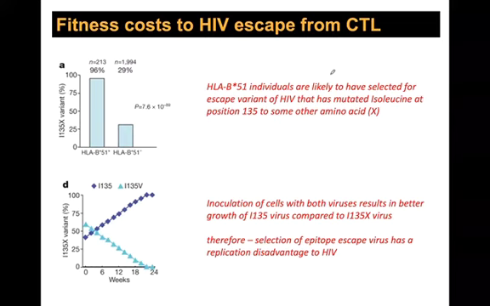And people who have HLA-B51, right, will select for a variant, this I135X variant, that you can see certainly can present those epitopes and select for that variant. That's what the virus has to mutate to escape from the T cells. But if you see, the mutant doesn't grow very well. Okay, so selection of epitope escape viruses has a replication disadvantage for HIV.